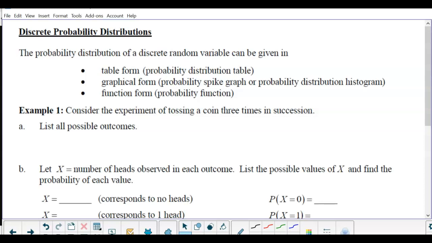A probability distribution of a discrete random variable can be given in table form, graphical form, or function form. Example 1: consider the experiment of tossing a coin 3 times in succession. List all possible outcomes. With 3 coins, what can you get? You can do a tree diagram or you can just start listing them. The first coin could be heads or tails, the second could be heads or tails, and the third could be heads or tails.